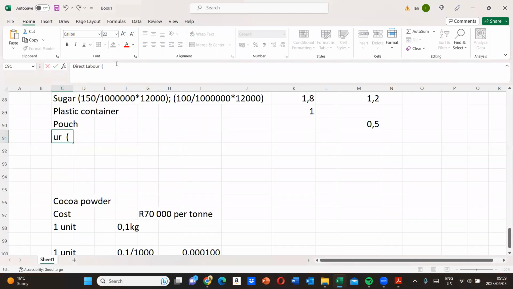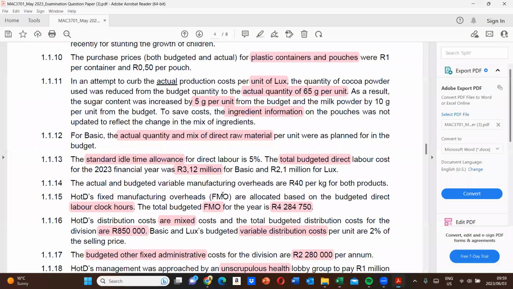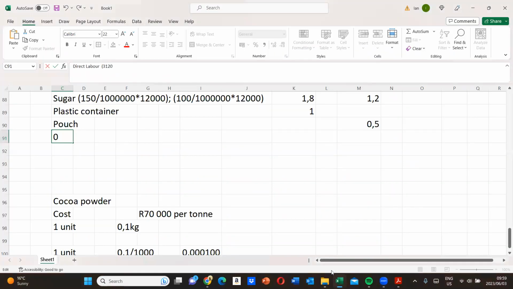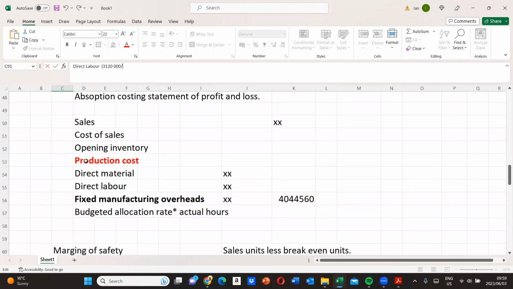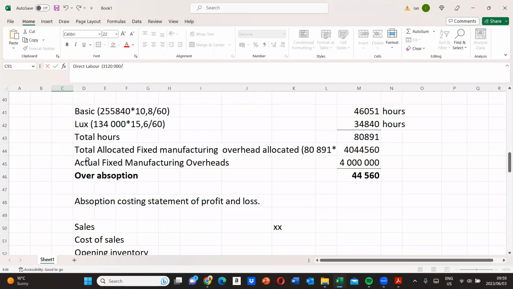So we could have taken 3.12 and then divide by the total. Remember, we did the calculation of the labor cost per unit. I think we did the calculation somewhere up there.